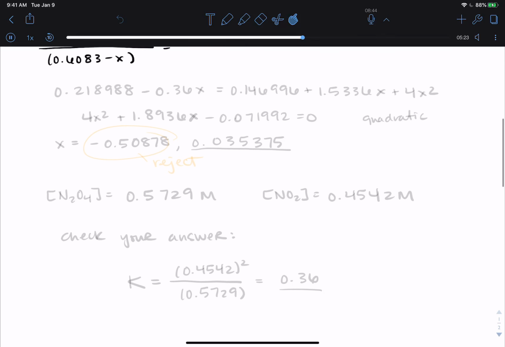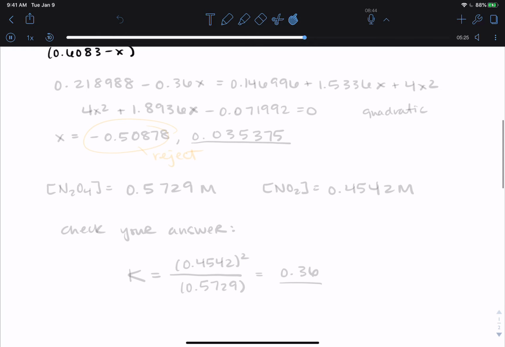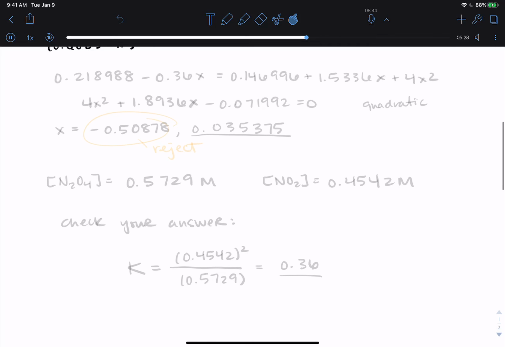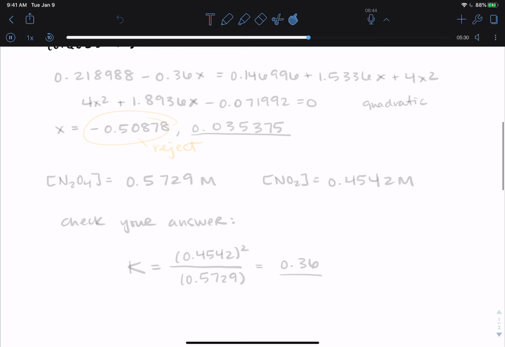I won't show you the quadratic part, but you should check to make sure that you can get the same answers out of the quadratic formula. So if I cross multiply and do some expansions, I end up with 0.218988 minus 0.36x equals 0.146996 plus 1.5336x plus 4x squared.